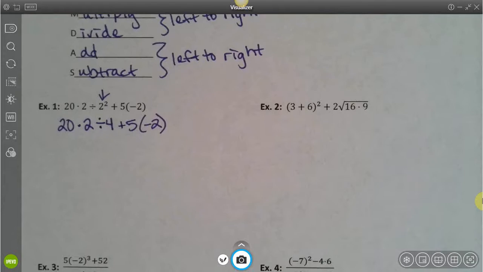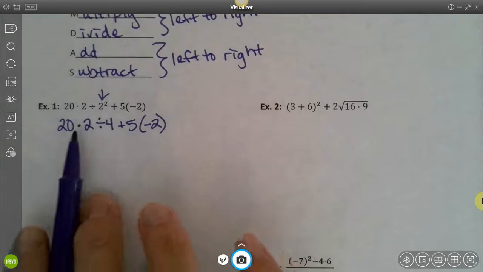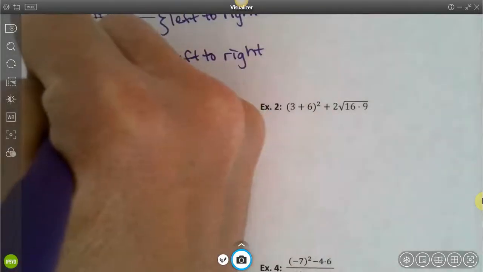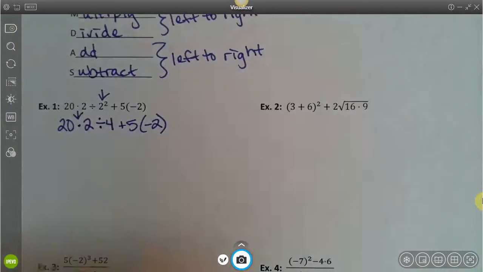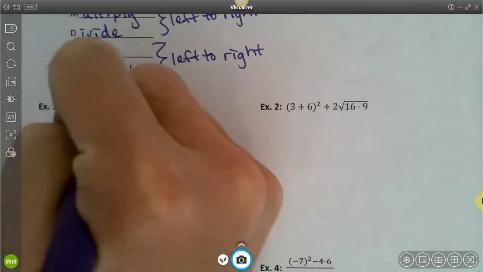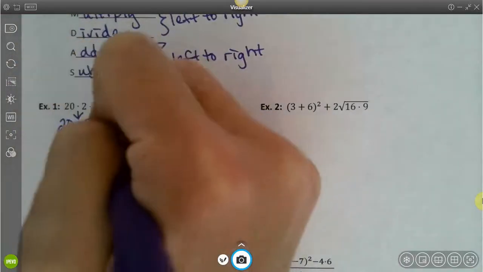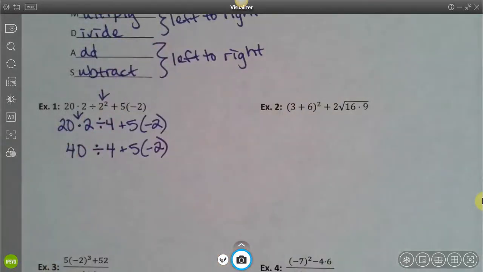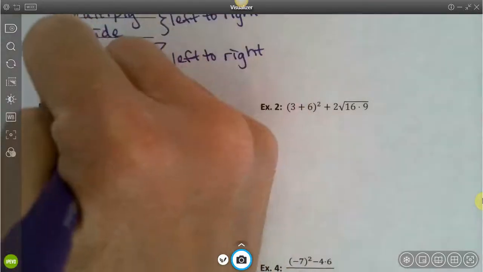And then next on our list is multiply and divide. And as we mentioned before, we want to make sure that we take care of these left to right. So we've actually got 2 multiplications here and a division, but I'm going to start with the first multiplication, which is 20 times 2 is 40. And then next in order left to right is this division.